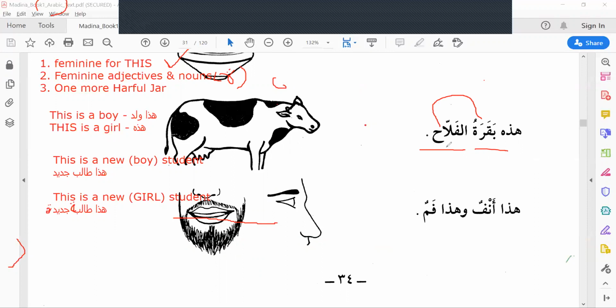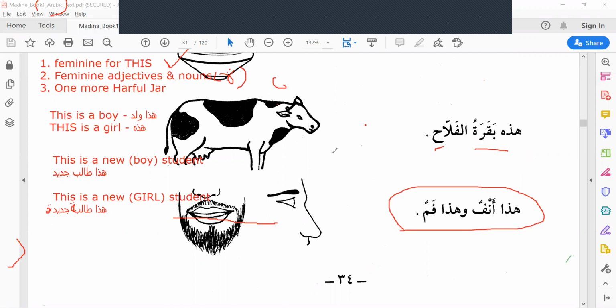Fallahi is a mudafun ilayhi, so we give kasra since it has alif lam. Farmer's cow.